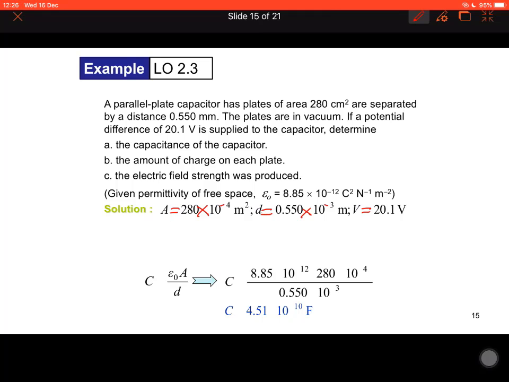And by having this, we will use the equation of the capacitance without the dielectric. It is only epsilon naught A over d, and substitute in the values.